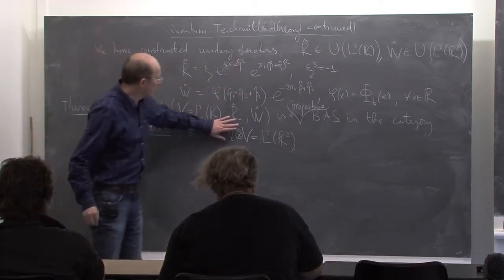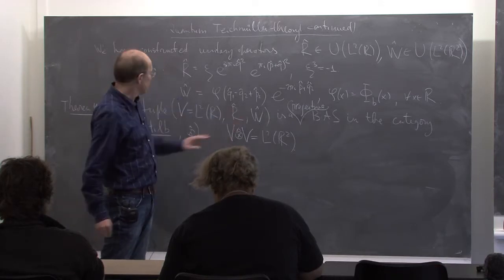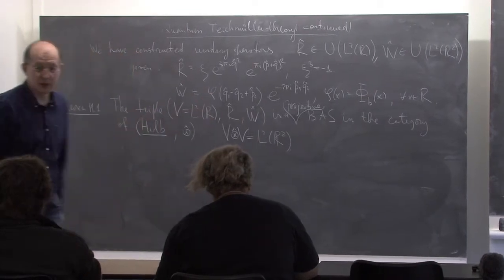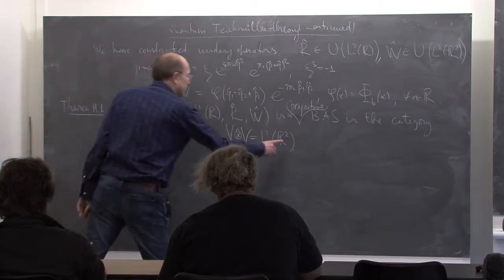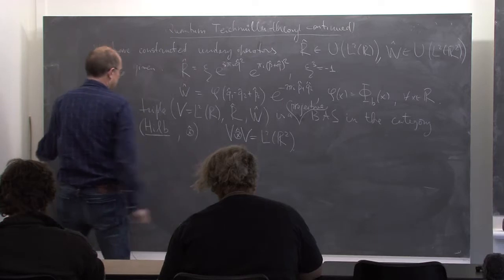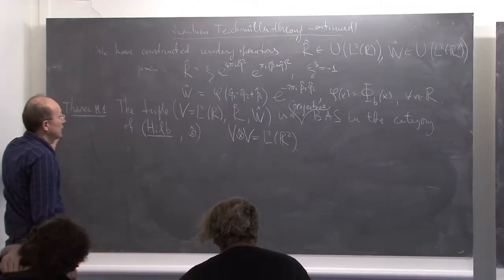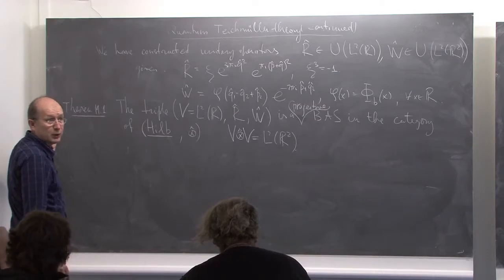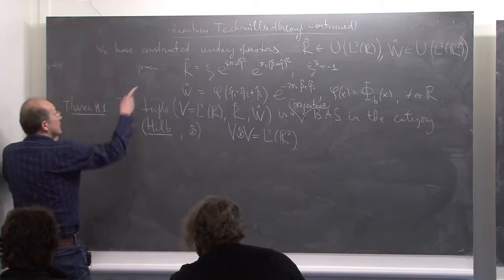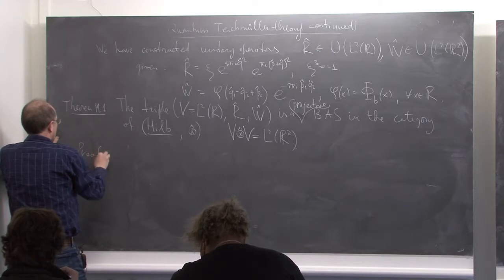We can't stay with the algebraic tensor product because the tensor product of L2 of R times L2 of R is not L2 of R2, so we have to complete it. Okay, so that's a statement which is not difficult, as soon as we know all the properties we have studied for the function phi. And so let us see how the proof goes.